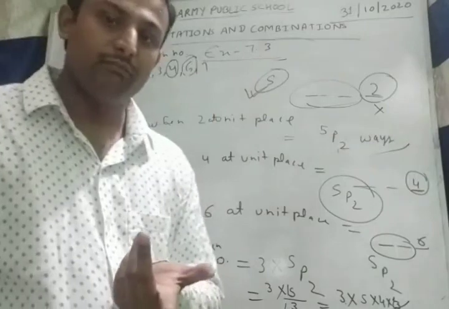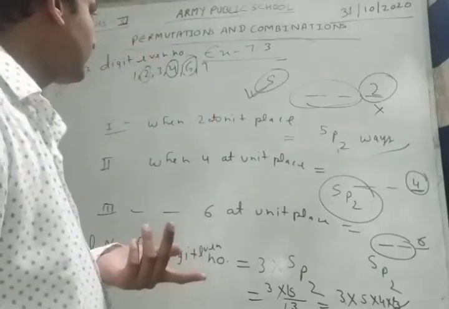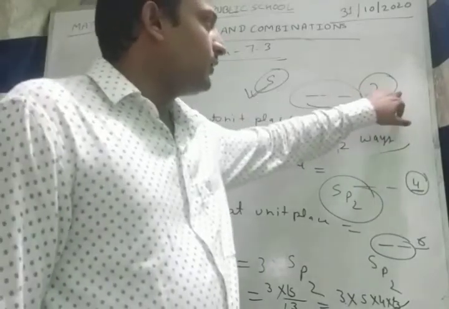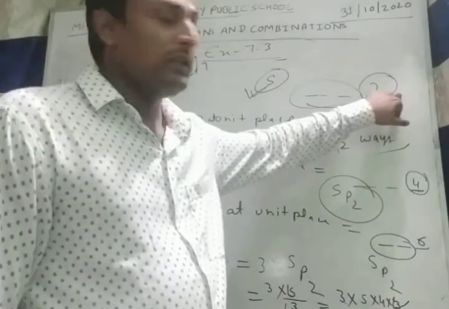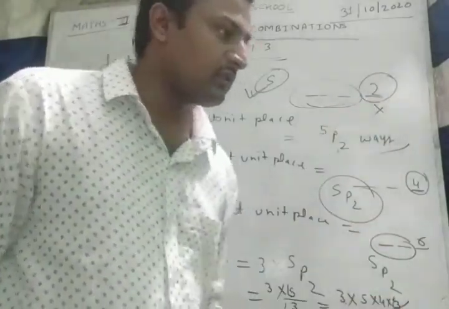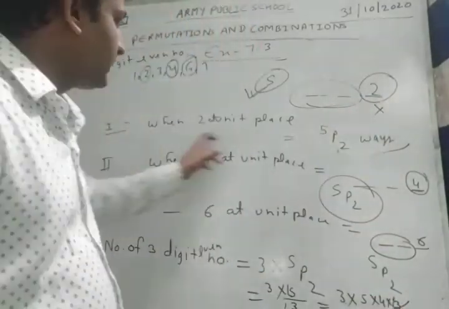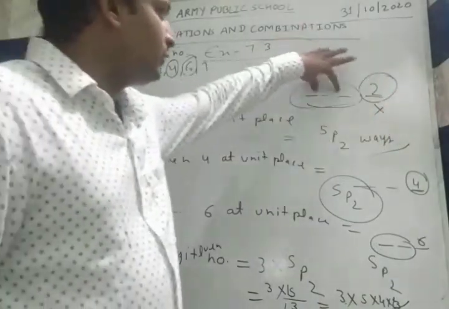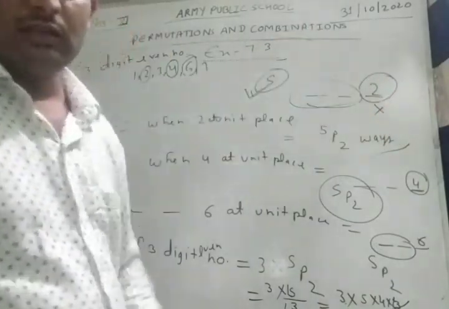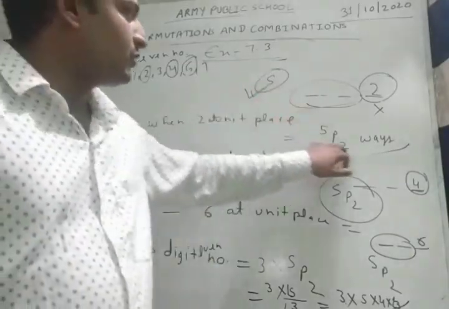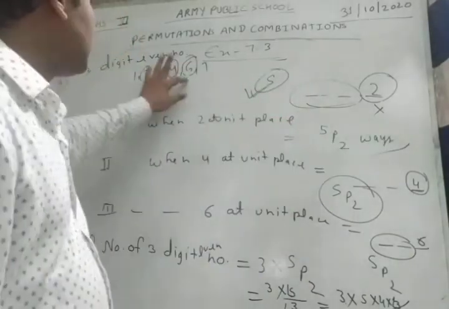In this way we can find our 3-digit even number, because we have to find a 3-digit even number, which means our unit place must be filled with an even number, either 2, 4, or 6. First we consider the unit place is filled by 2, then our remaining 2 places can be filled by 5P2 ways, because one term is reduced.